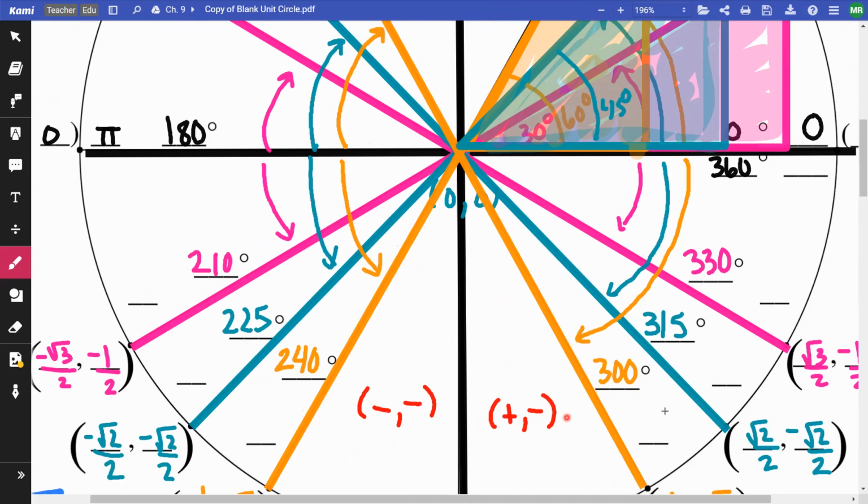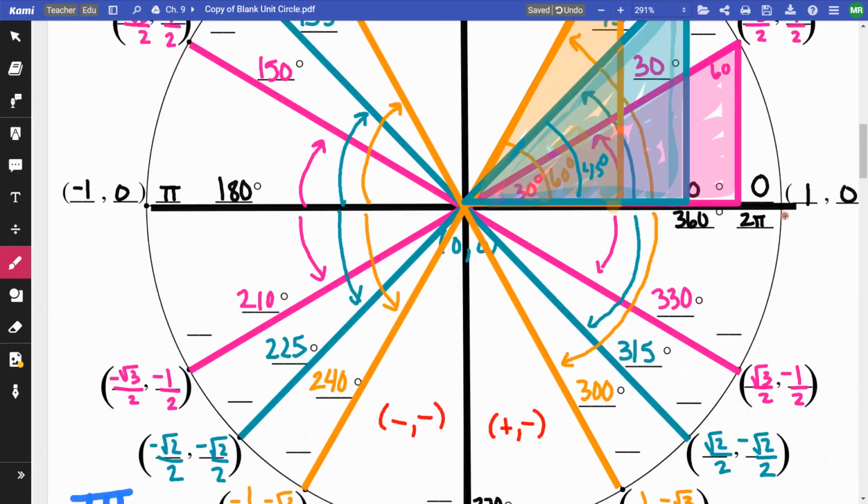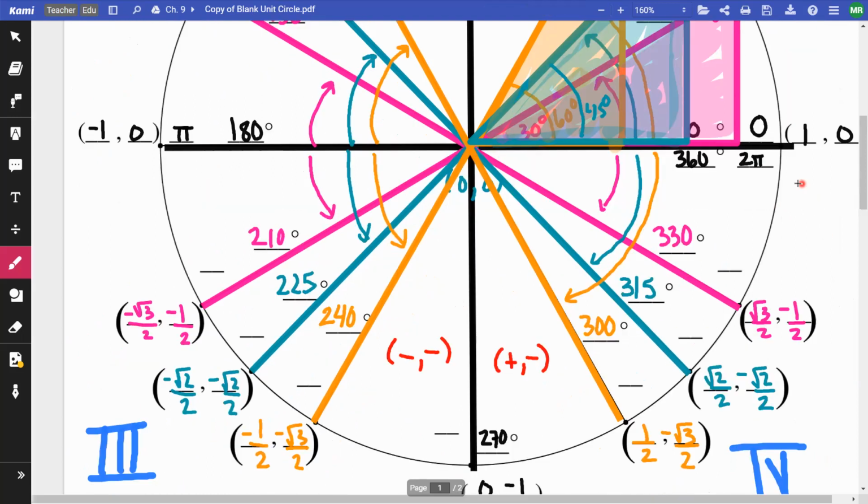And that means going from here to here is another pi. So that 360 is going to be 2 pi. Okay, so I have 0 radians, pi radians, 2 pi radians.